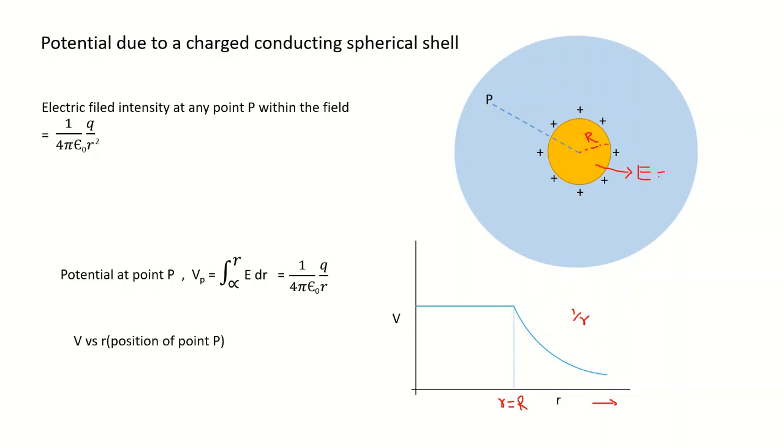Hence, potential must be some constant, because if potential is constant, differentiating it we obtain the electric field, and that is 0. Hence, if we integrate the 0 value of the electric field with respect to dr, we obtain some constant value, that is V0, due to which the potential remains constant for the total distance that lies inside the charged conducting sphere. It is V0.